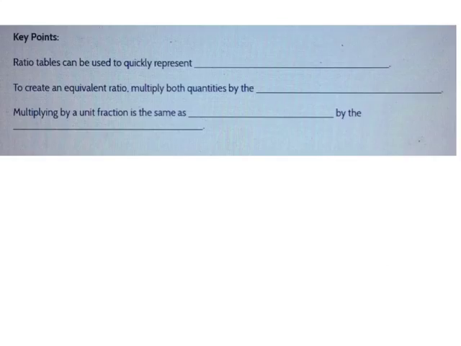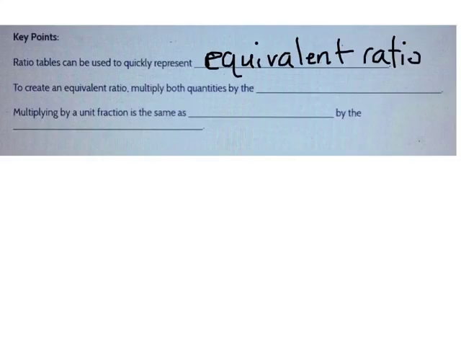What we've seen today is that ratio tables can be used to quickly represent equivalent ratios. To create an equivalent ratio, multiply both quantities by the same number.